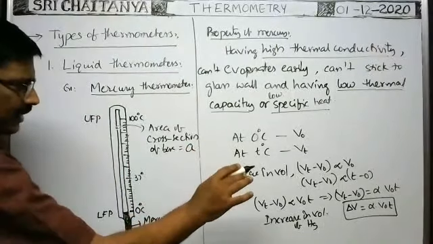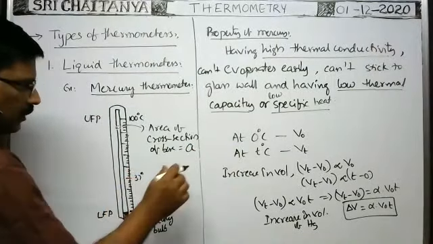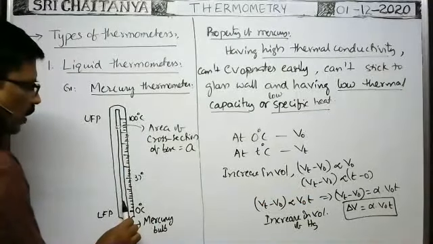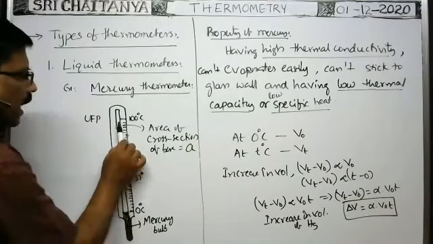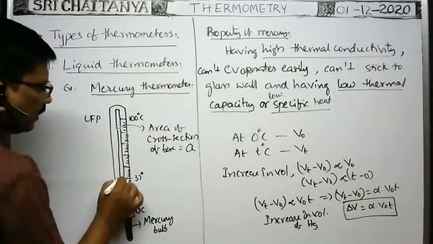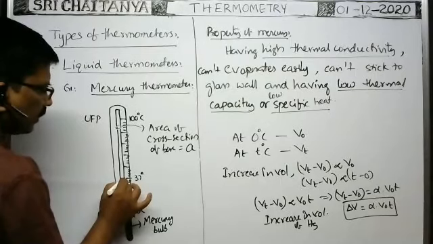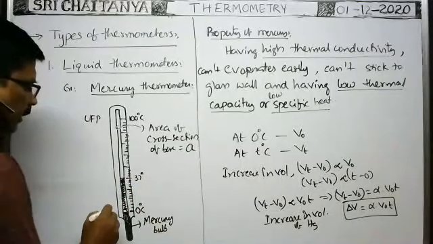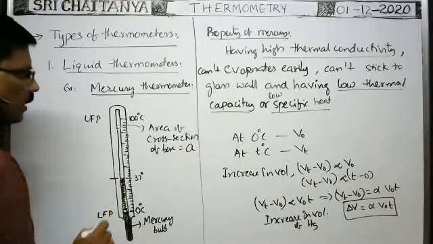Suppose at 37 degrees centigrade, because of increase in volume, the mercury can expand only into this space, into this bore only. That's why the mercury level increases up to this point.